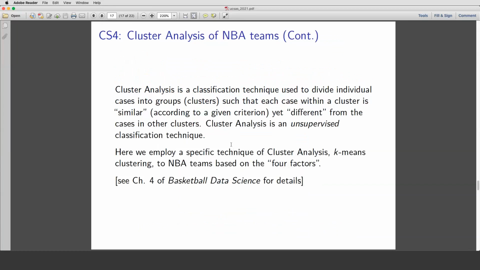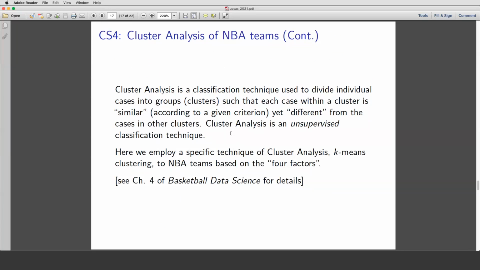Well, clustering is a type of unsupervised classification. Unsupervised, you can think of it like machine learning. Basically what you're trying to do is come up with a criteria, some type of distance, right? We've talked about this concept a little bit before, where everything within one cluster is, quote unquote, similar, yet different enough from other clusters that they're separate.